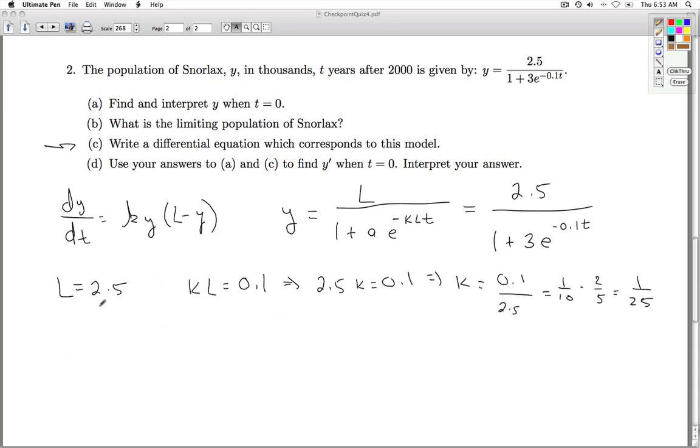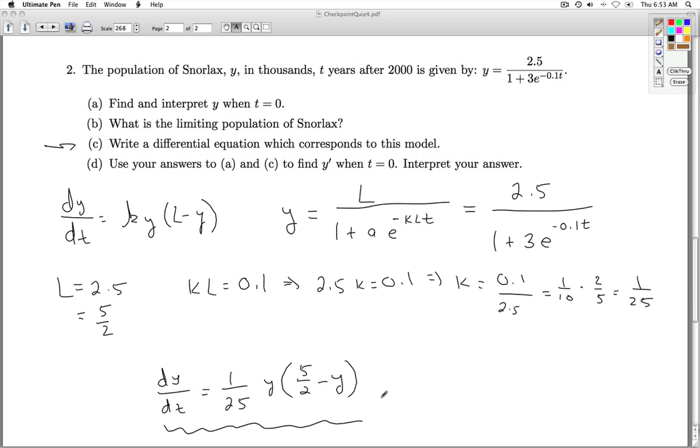Since I've got my k in terms of a fraction, I might as well convert L into a fraction as well. And so I get my differential equation dy/dt is 1/25 y times 5 halves minus y. And so that's the logistic equation for this.